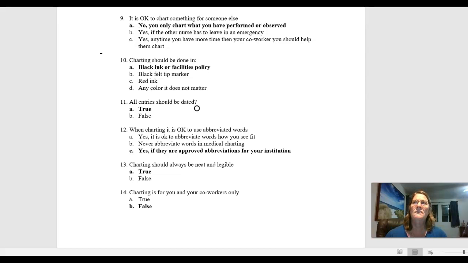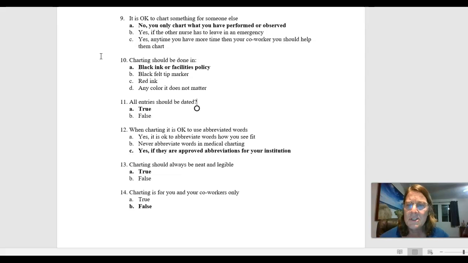And whether you chart electronically or old school, you still need to get in the habit of asking what's important, what do I need to pass on to the next shift, what is critical that the information be sent down the line, versus what can I get rid of, because you really do want to learn how to be as efficient in your job as you can.